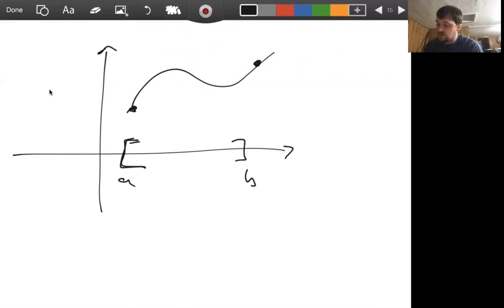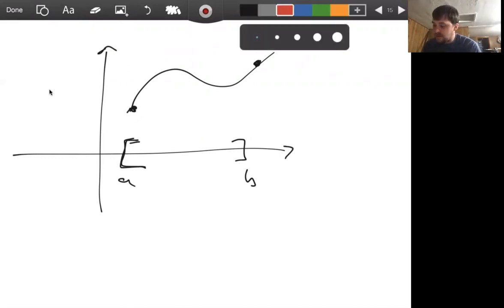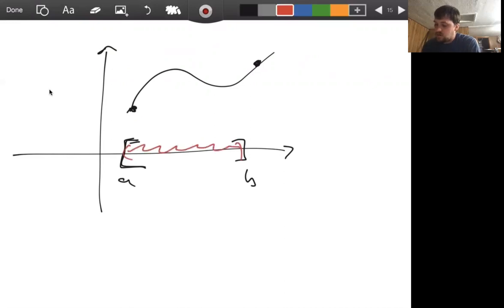And so the candidates for these global maxima and global minima are critical points on the interior, or on the open interval. There are critical points in here. These are contenders for the global max and global min, and so are the endpoints.